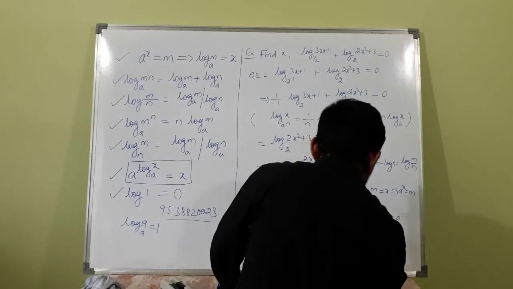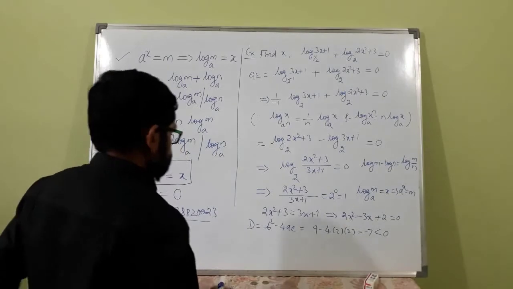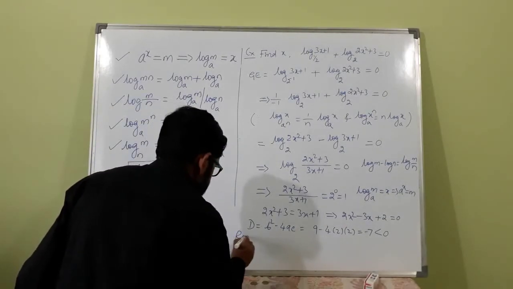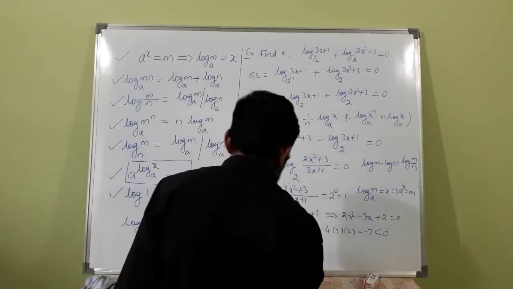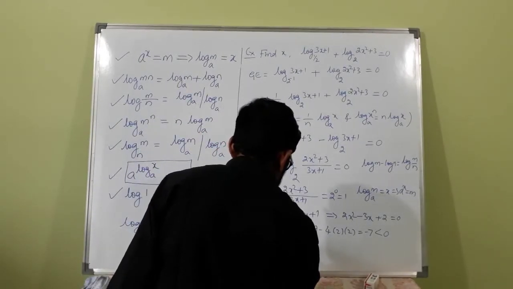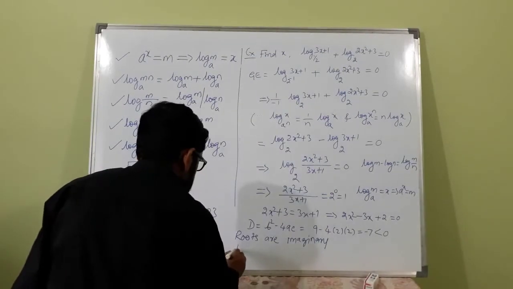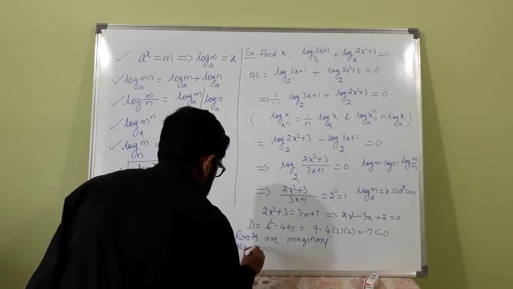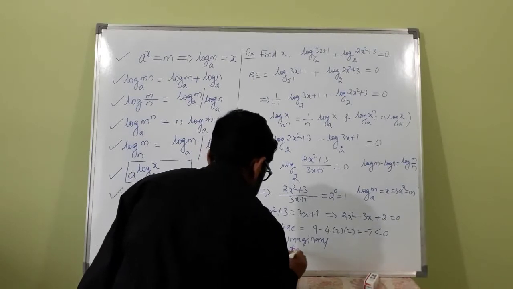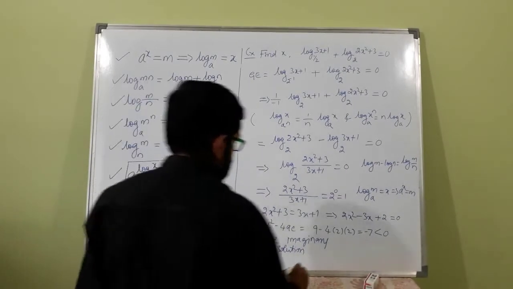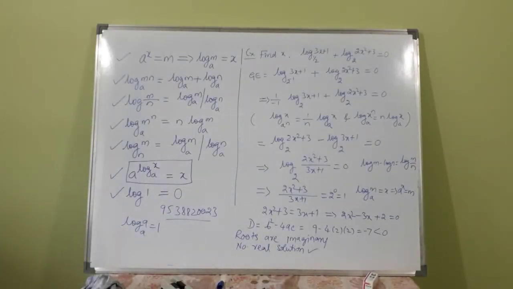So this is 9 minus 16, which is negative. So roots are imaginary. So no real solution. This equation has no real solution.